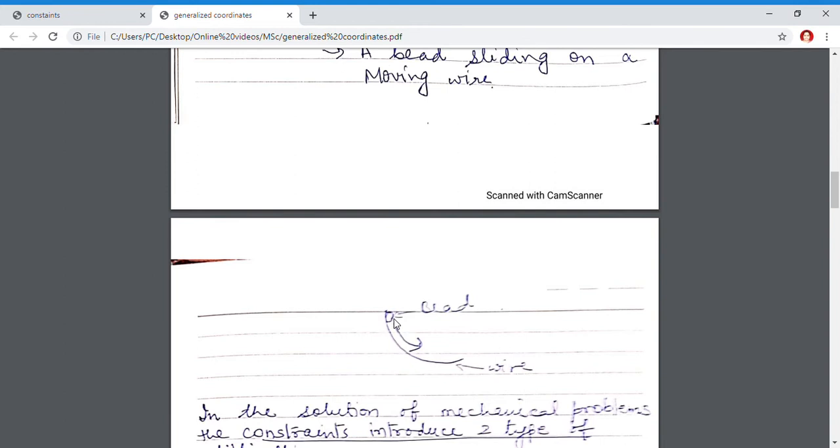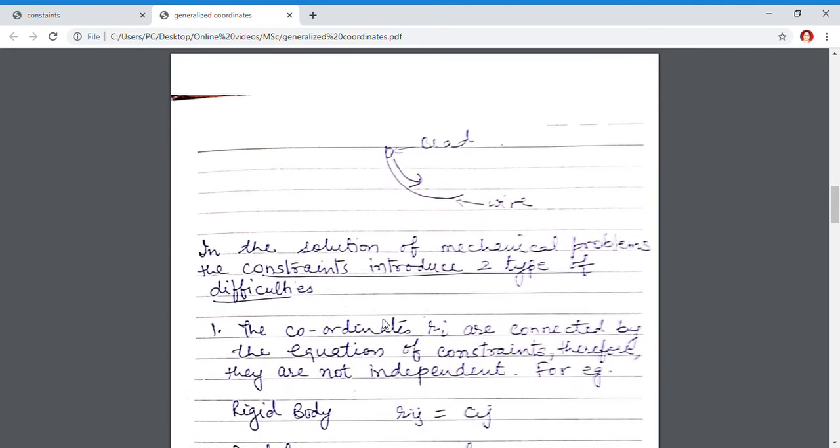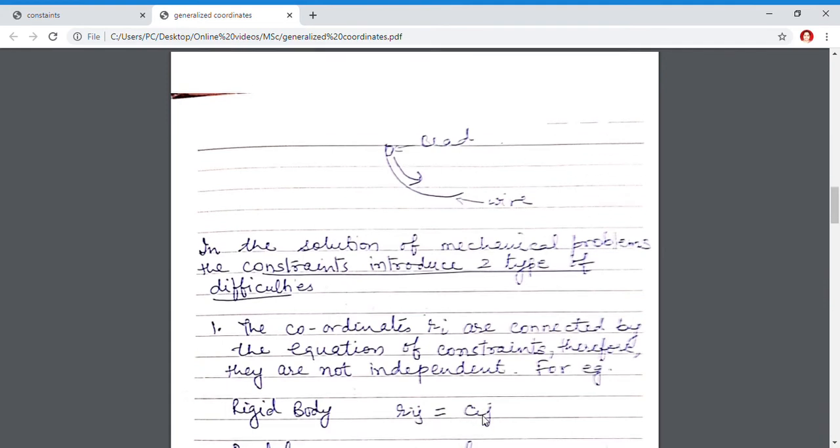Now, the introduction of these constraints has imposed two problems in our system. What are these two difficulties? Since we have imposed the restriction on a rigid body, the distance between the constituent particles i and j, denoted as Rij, will always remain constant.